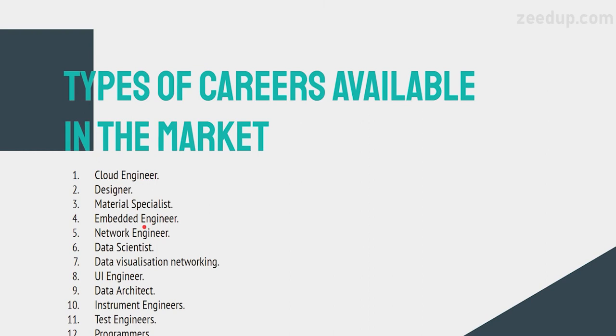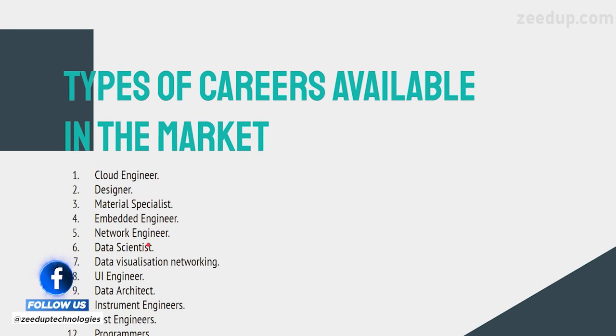Then embedded engineers are responsible for developing and implementing software for the embedded devices. And network engineers help in establishing a computing network or choosing a suitable gateway, and much more. You can consider a network engineer. You know, node networks, transmission networks, everything could be possible.